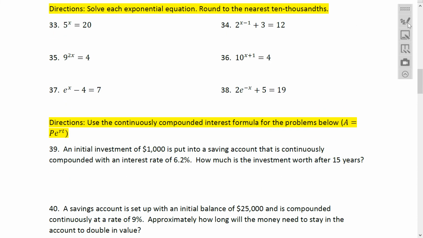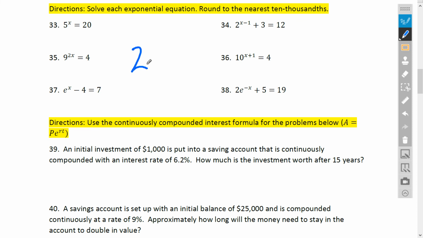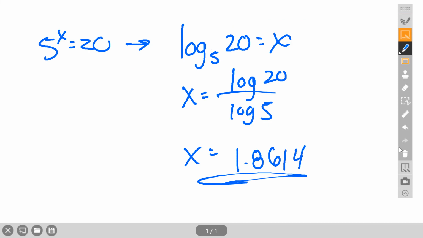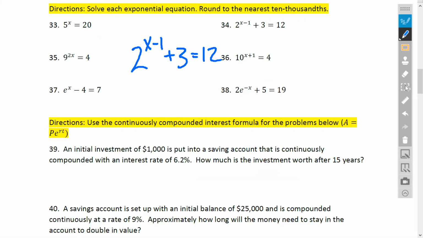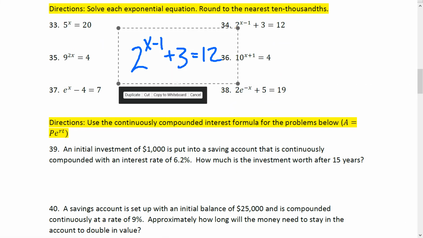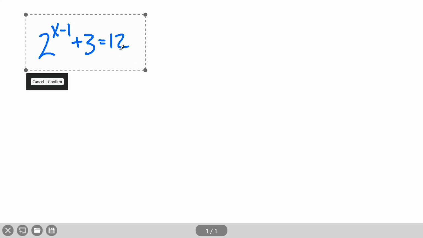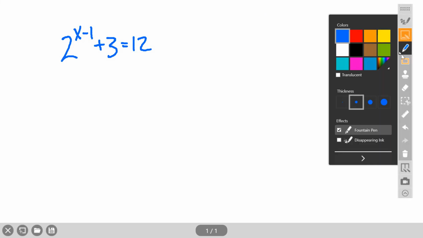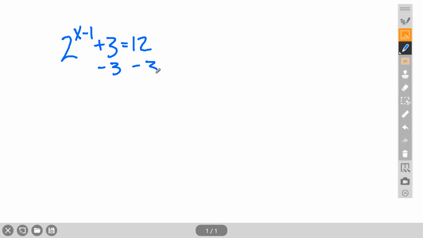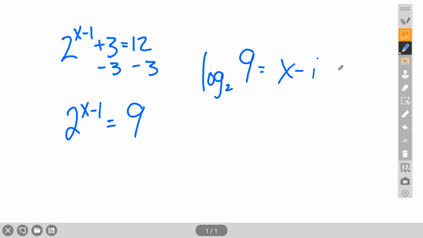Okay, number 34. We have 2 to the x minus 1 plus 3 equals 12. So before we can change the form here, we do need to get the exponential part by itself. So we'll subtract 3 to do that, and that gives us 2 to the x minus 1 equals 9. Now we can change it to log form. So log base 2 of 9 equals x minus 1.